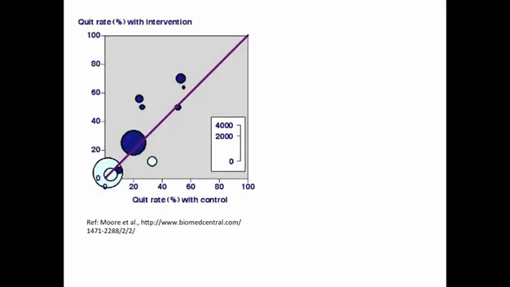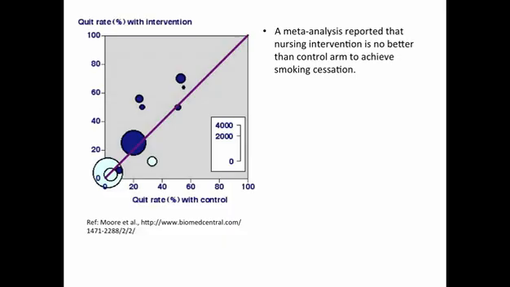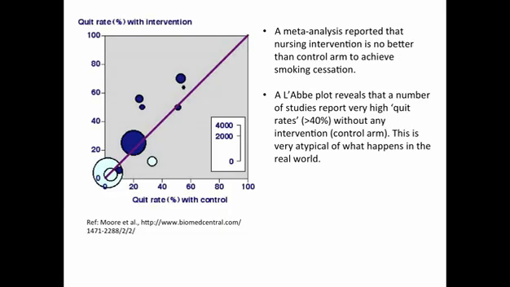A meta-analysis looking at interventions for smoking cessation reported that nursing intervention is no better than control interventions. A Labbé plot of this meta-analysis reveals that a number of studies report very high quit rates, greater than 40%, without any intervention. This is very atypical of what happens in the real world for smokers.